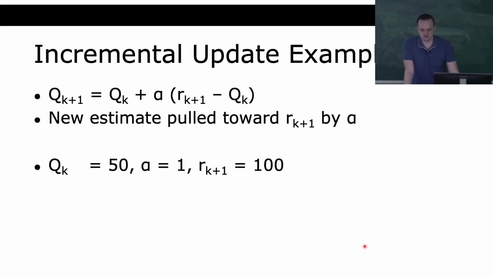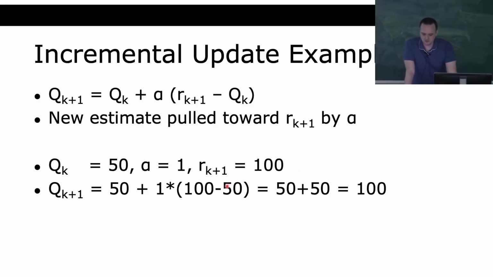And so let's just look at some numerical examples. If my old estimate was 50, and my alpha is 1, and my new sample is 100, how does that work out? So it's 50, because that was my old estimate, plus alpha times the new thing minus the old thing. The difference between them was 50.